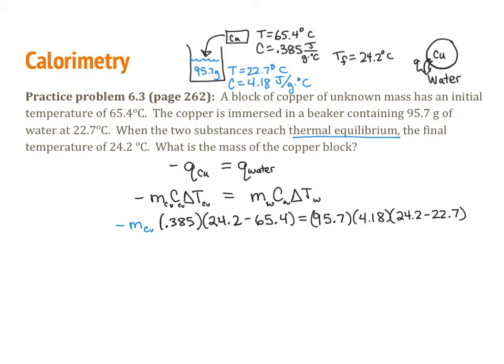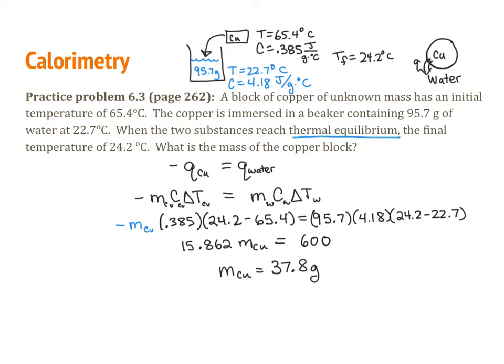So I've got a lot of math here that I'm going to do and combine a bunch of numbers. And when I do that math, on this side I got 15.862 times the mass of copper is equal to 600. So divide both sides by the 15.862, and I found that the mass of copper was equal to 37.8 grams.